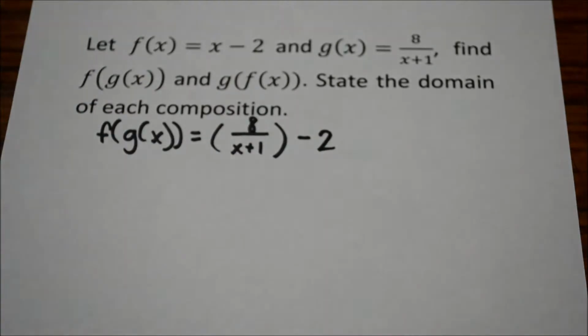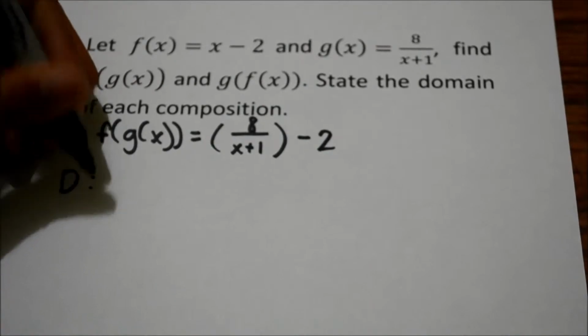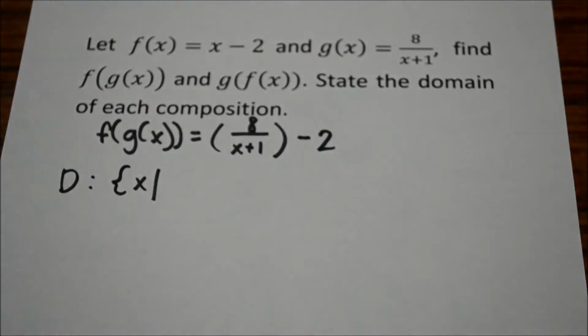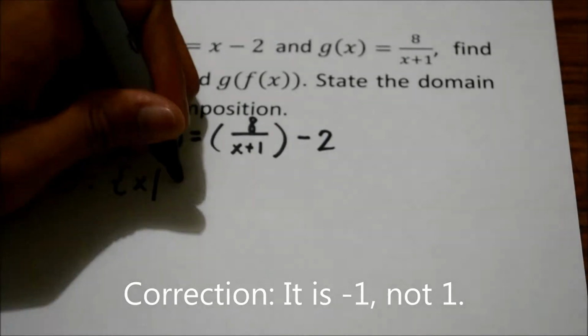The domain of this composition function is that x can be all real numbers, except that it cannot be equal to -1, since the vertical asymptote when you graph this function on a graphing calculator is x equals -1.